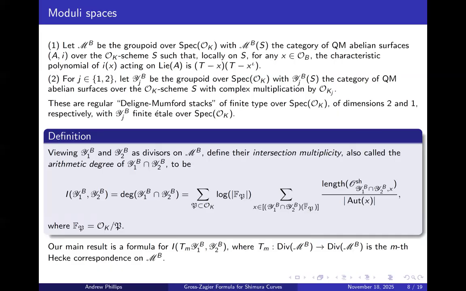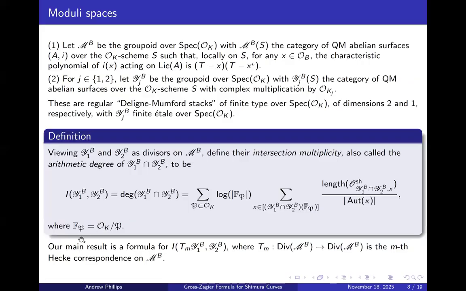You take the image of a geometric point of your étale scheme over the moduli space, and you take the limit over all the étale neighborhoods of the local ring of that étale scheme. This is what this ring is. Again, the actual definition is not super important for what I have to say. I'll explain later on why there's an easier way of viewing this.